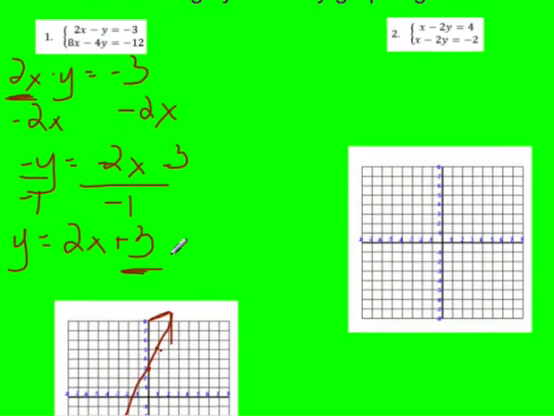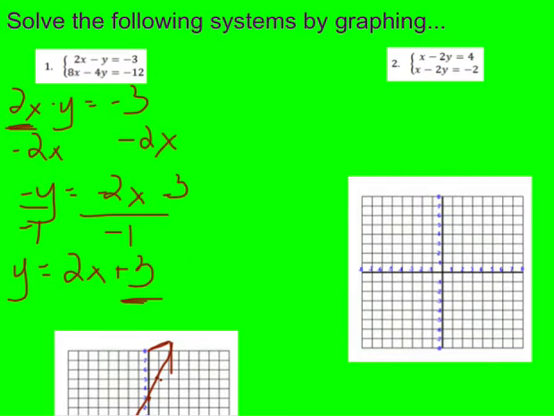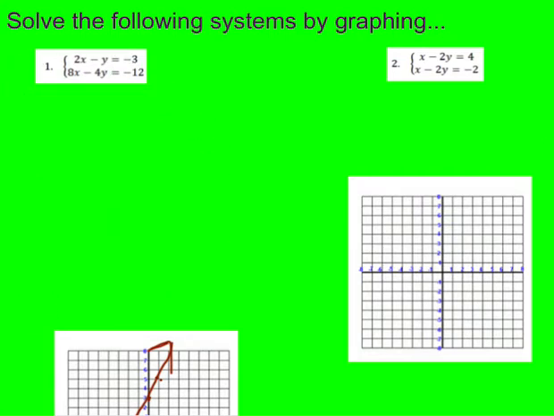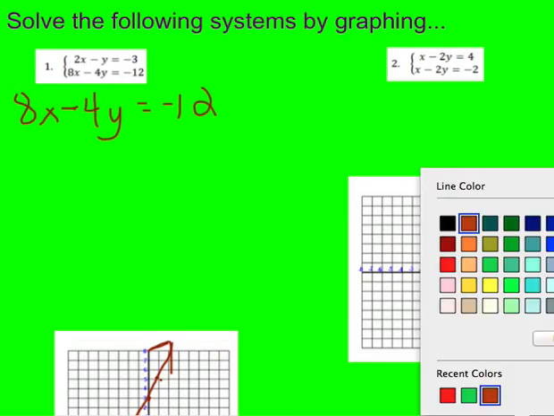Okay, now let's take a look at this next one. So I'm going to go ahead and erase this work so we don't get it all jumbled here. And let's take a look at 8x minus 4y is equal to negative 12. So the first thing we want to do is get the positive 8x over to the other side.